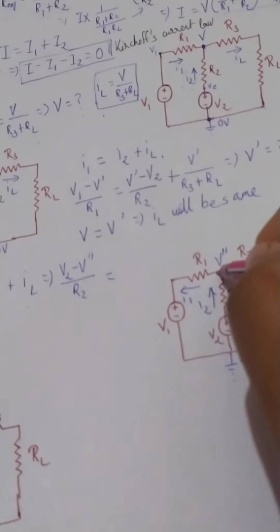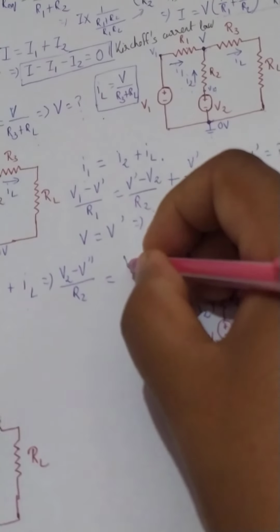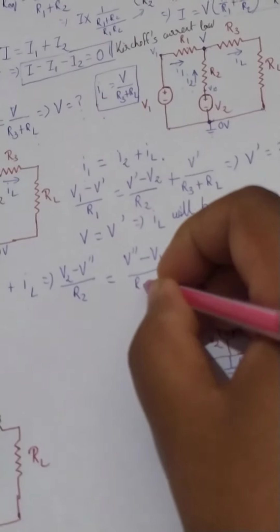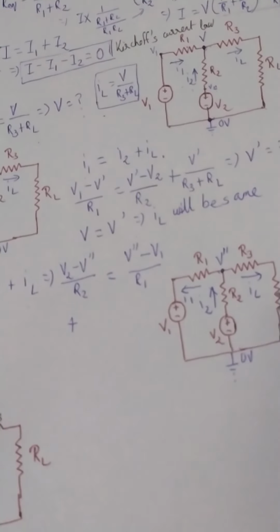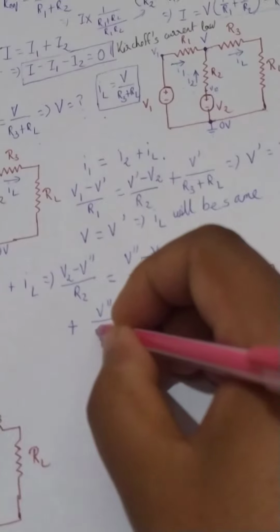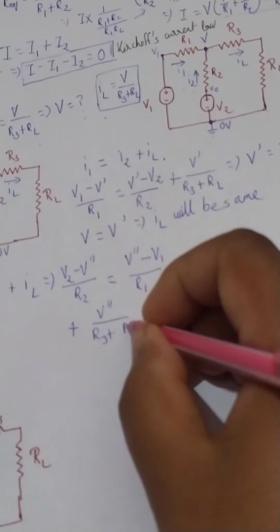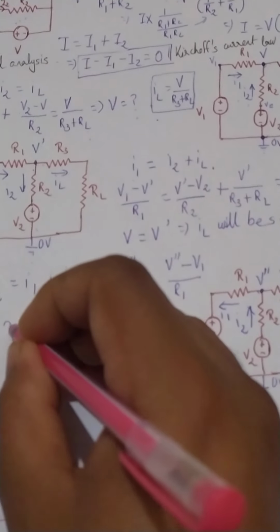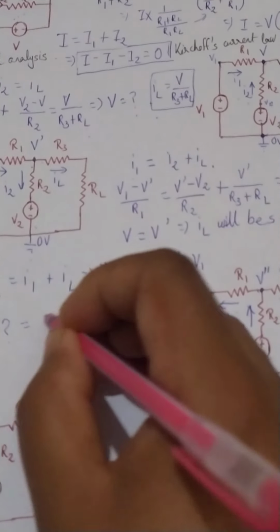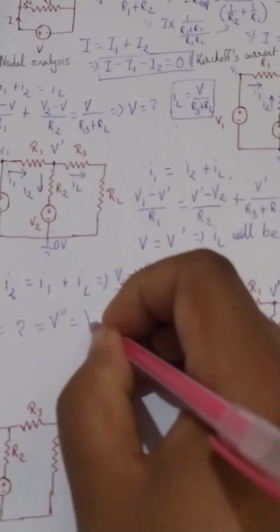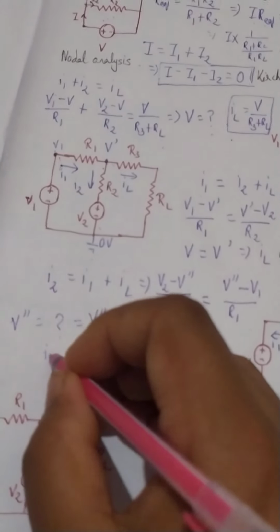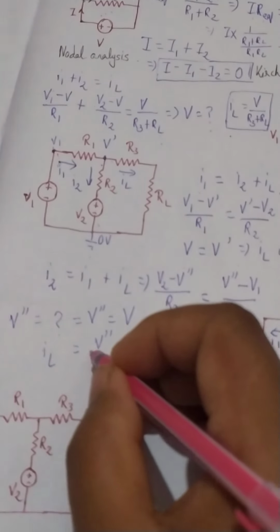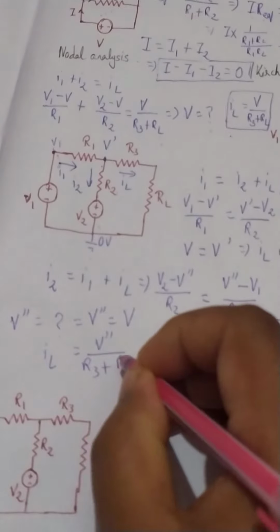I1 would now become, current is flowing from this point to this point, so it would be (V double dash minus V1) by R1, plus IL, that would be V double dash by R3 plus RL. If we solve the thing, we can find V double dash will be equal to some value, and that should be equal to V. Finally we are going to find IL will be equal to V double dash by R3 plus RL.